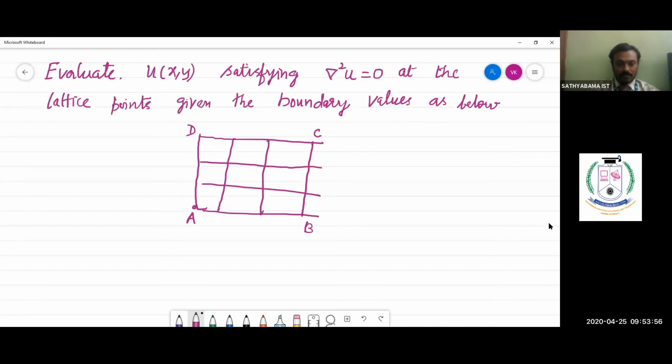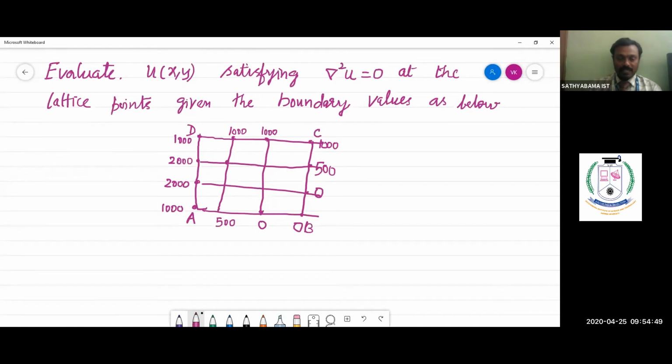The values at the points of the boundaries are 1000, 2000, 2000, 1000, 1000, 1000, and this boundary value is also 1000, and the next boundary value is given as 500, 0, and these values are 0, 0, 500, and we are asked to find the solution to this PDE.